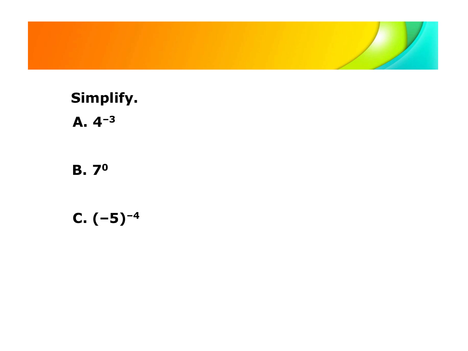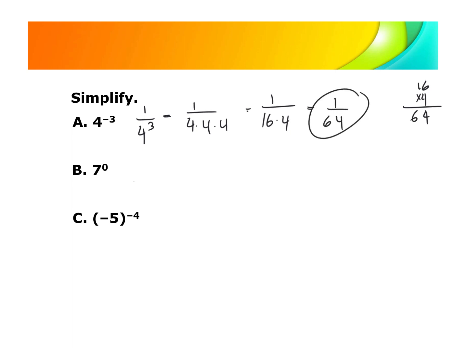So let's run through these examples. So negative 1 over 4 to the 3rd. That's going to be 1 over 4 times 4 times 4. That's going to be 1 over 16 times 4. And 16 times 4 is 64. So we get 1 over 64 as our answer for the first one. For the second one, it's just going to be 1. Remember, anything to the power of 0 is just 1.